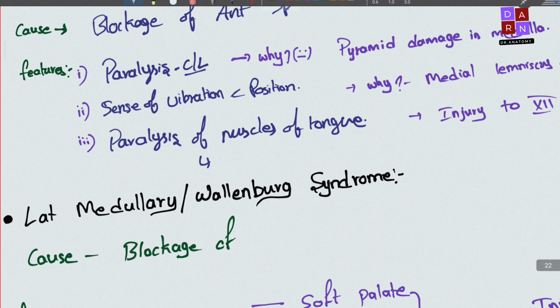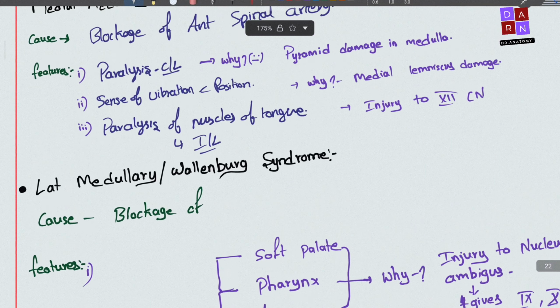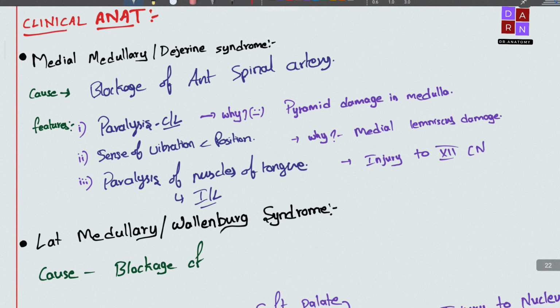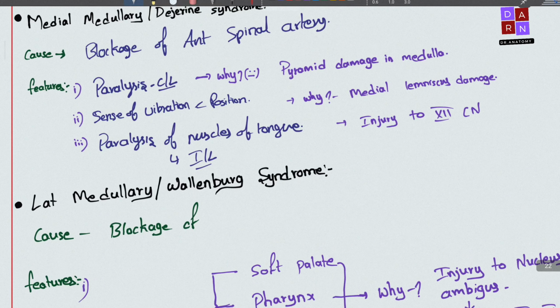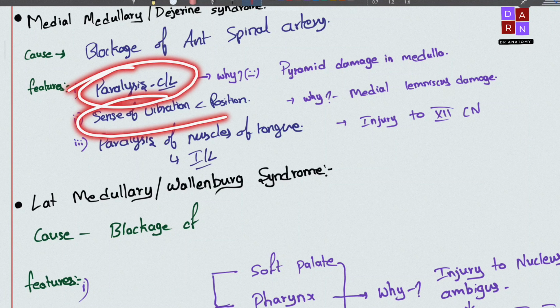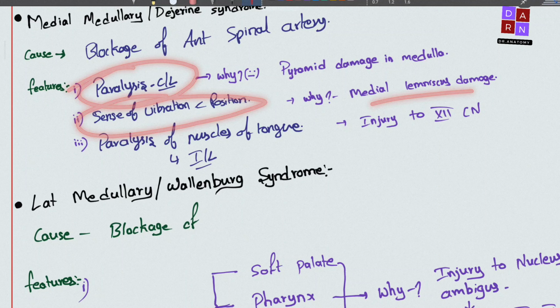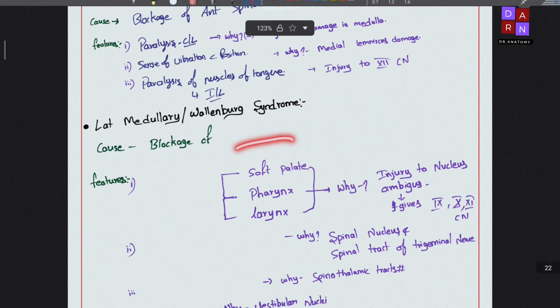It is ipsilateral. Next, I will show you the image of medial medullary syndrome. So the features we can see here: paralysis is contralateral, loss of vibration and position sense because the medial lemniscus is damaged, and paralysis of muscles of the tongue because of the 12th cranial nerve.